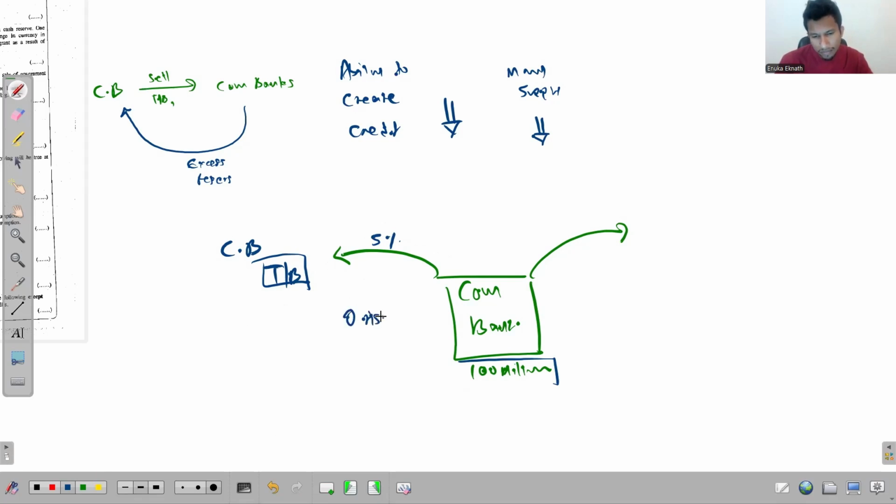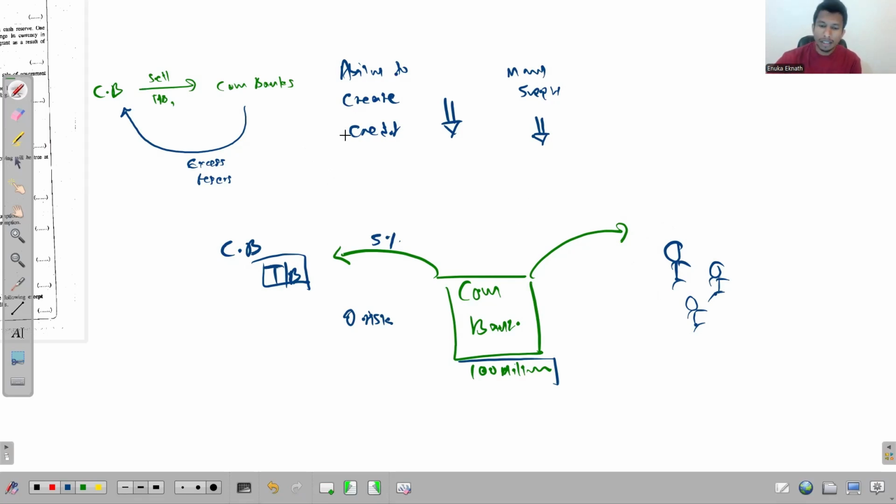Zero risk. And the second option that this commercial bank has is to offer this 100 million as loans to the general public, right? So we have the general public on this side. So the second option will be to offer this 100 million as a loan to the general public so that they can earn an interest rate again, right?